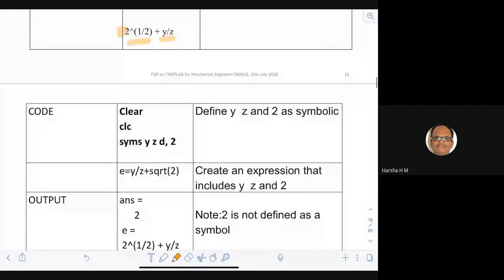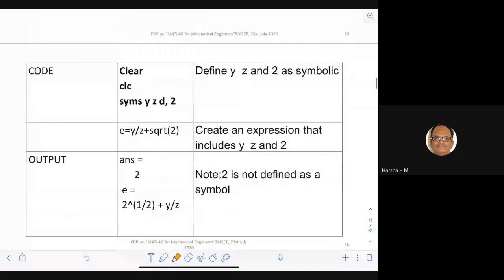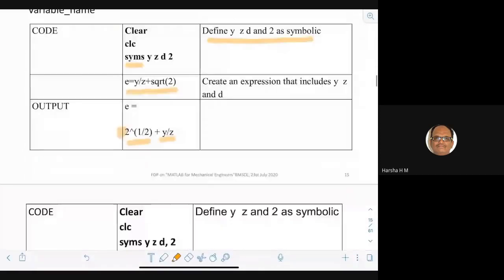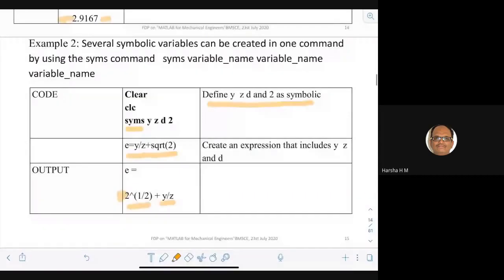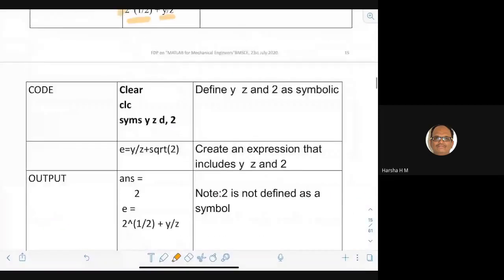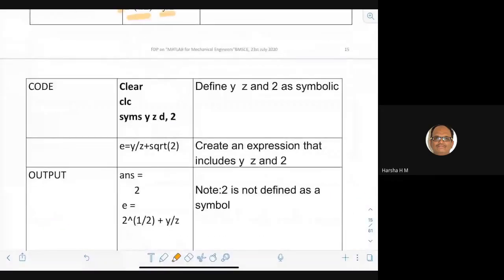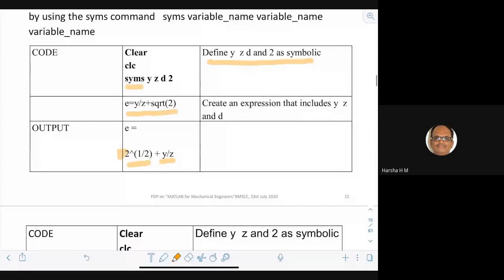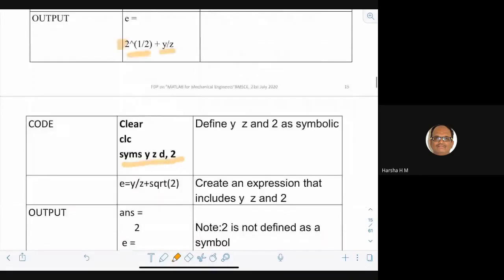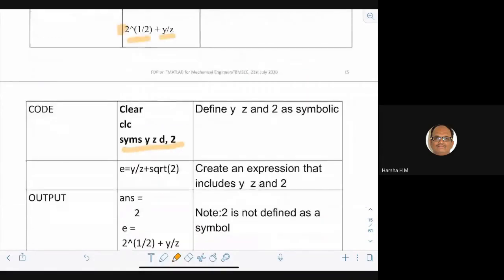But on the other hand, just see the difference here. I've taken the same code and pasted it again, but you need to observe an important difference. Of course, clear and CLC are there. The difference is y z d 2 here, whereas here it is y z d comma 2. But if you put a comma here, you are not defining 2 as a symbolic variable.